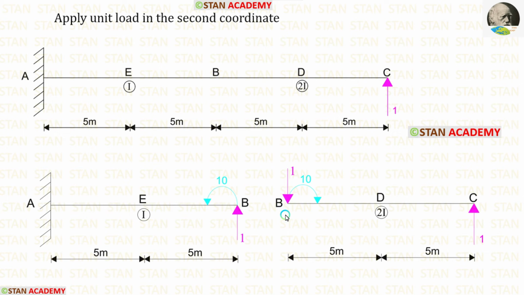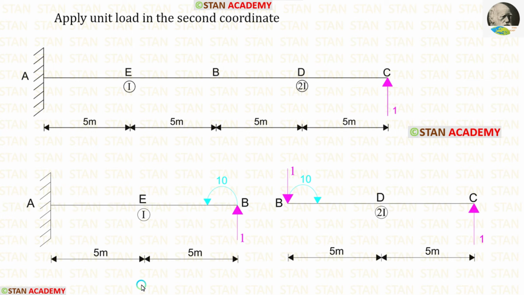Now let us find the moment in the point B. This load is acting in the anti-clockwise direction and the distance is 10 meter. 1 into 10, we will get 10. Since the load is acting in the anti-clockwise direction, the developed moment should be acting in the clockwise direction.